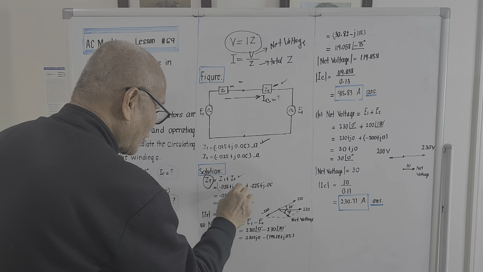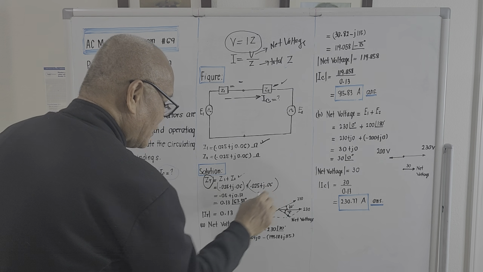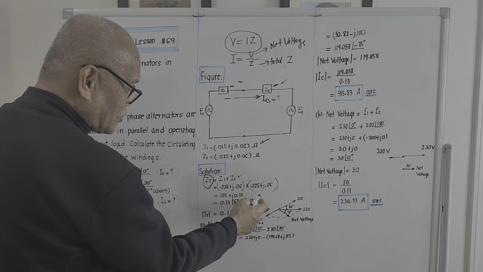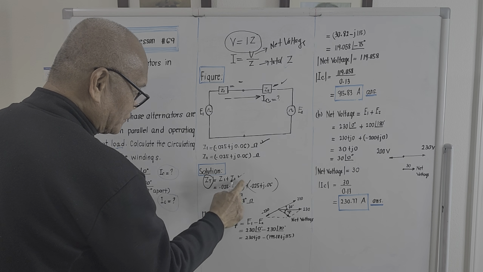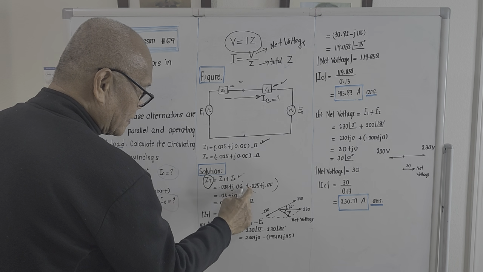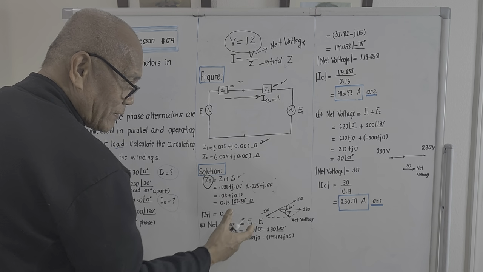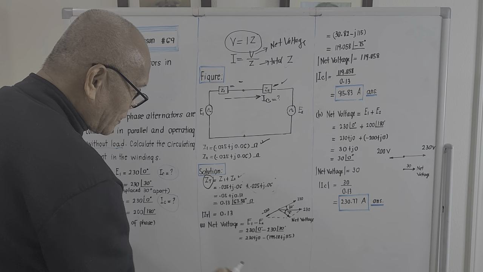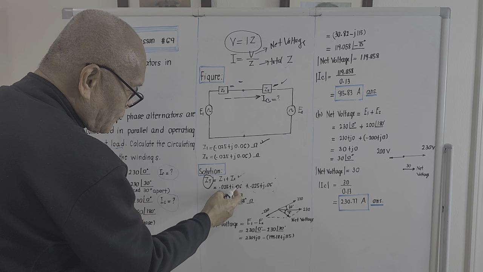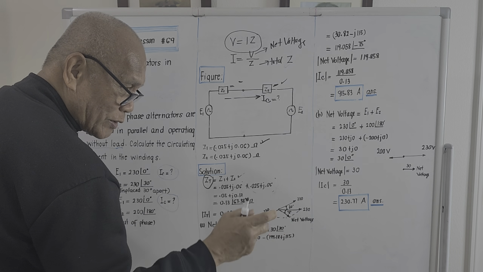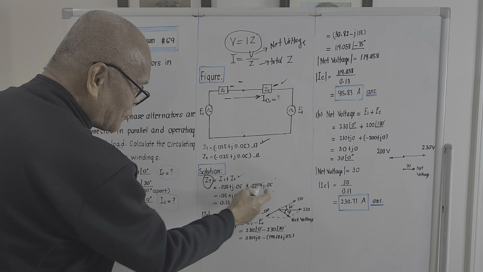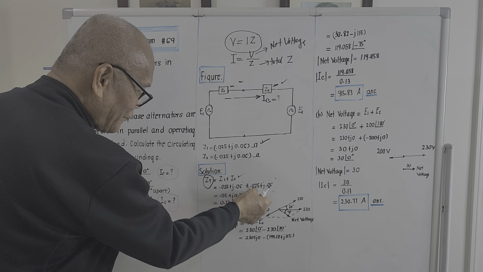This is actually with the unit, right? But since the operation is addition, we are safe to remove the unit. Okay? So 0.025 plus 0.025, we add the real part to real part, that's 0.05. The imaginary parts are the terms with the j sign, 0.06 plus 0.06, that will be 0.12.